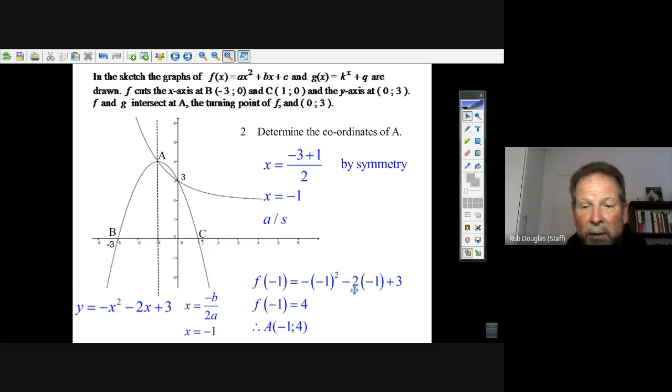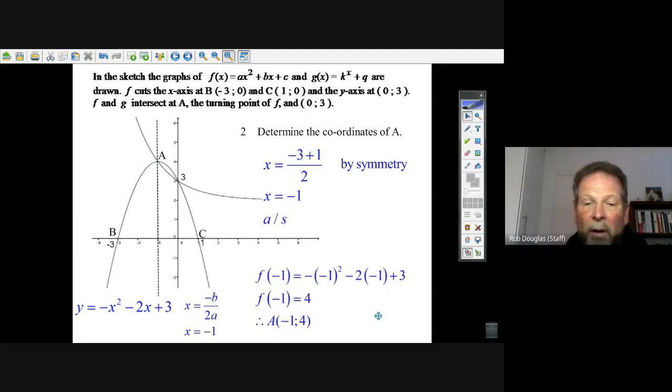This turns out to be negative 2 times negative 1 is 2, plus 3 is 5. This is going to turn out to be minus 1. And 5 minus 1 is 4. And there's your axis of symmetry. A is minus 1 for the x-coordinate, 4 for the y-coordinate.